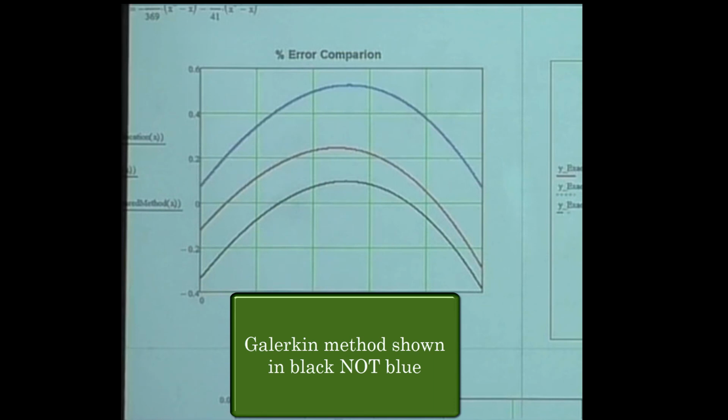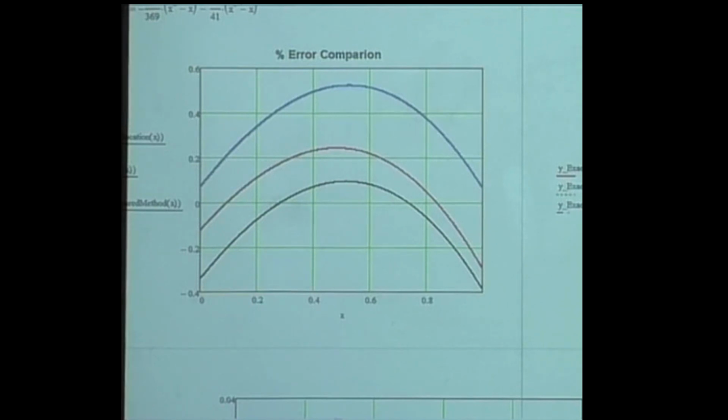This is just the difference, not the percentage. But you can clearly see the Galerkin comes in at having the lowest error, and that's often the case, and so that's why the Galerkin method is the one that's primarily used in the finite element method. So that's the one we're going to use.